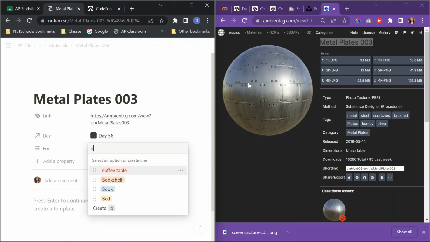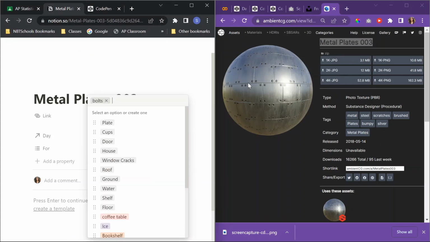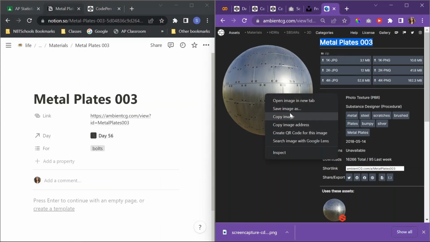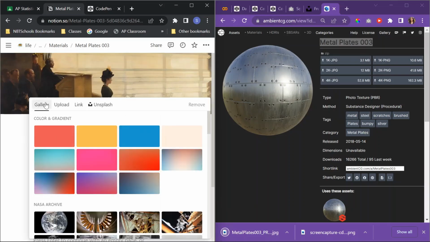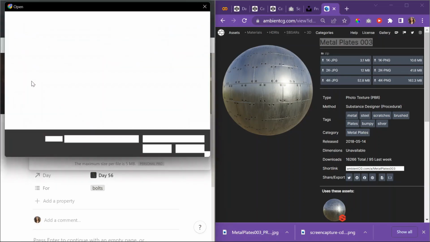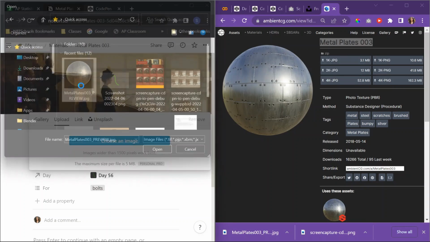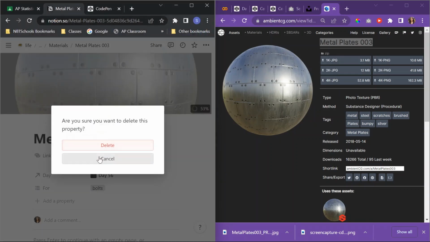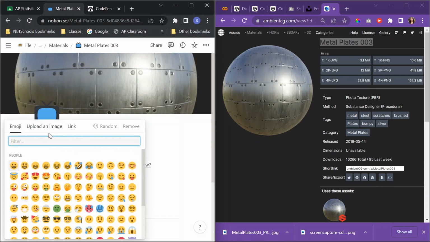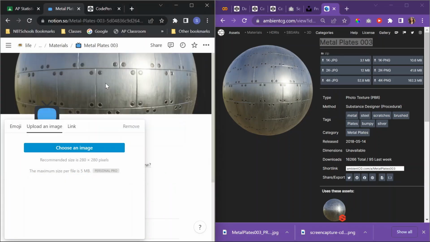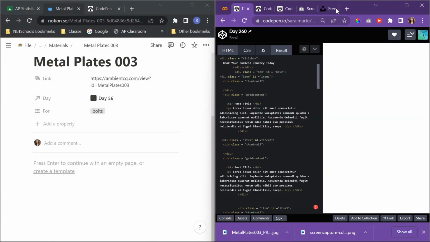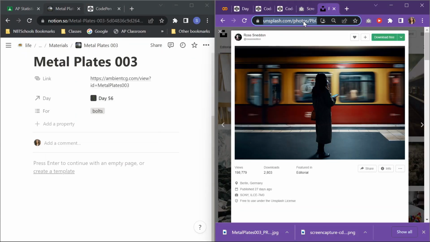I used it for bolts. And we could definitely save image as, just so I know what material I used. Upload image. Okay. Delete. Oh, I forgot to, okay. Copy, delete.